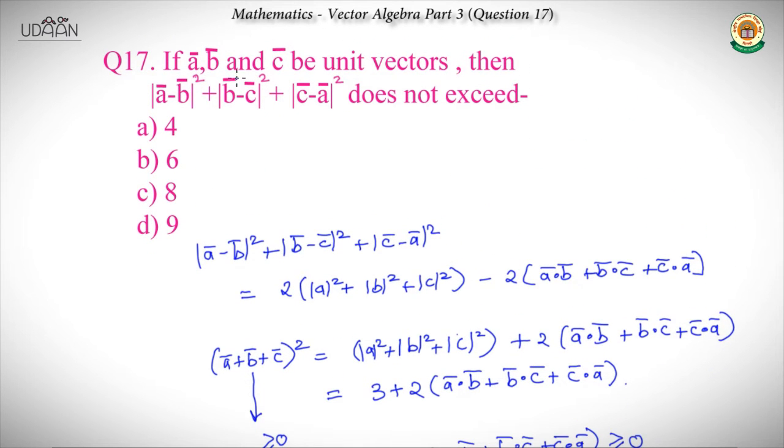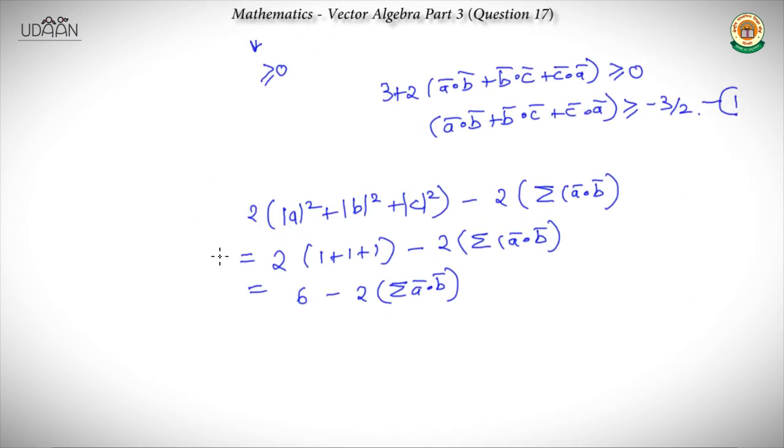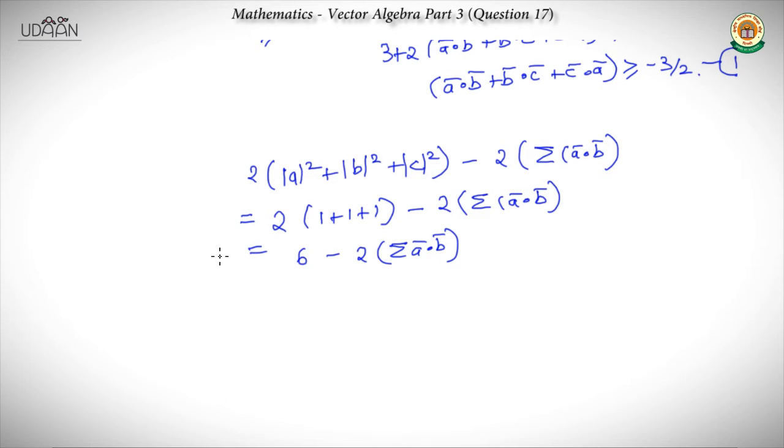So once again, we have to find the maximum value of this expression: mod of a minus b whole square, mod of b minus c whole square, mod of c minus a whole square. From equation 1 we can say that the summation a bar dot b bar has minimum value minus 3/2, because we concluded that just earlier in question 1.